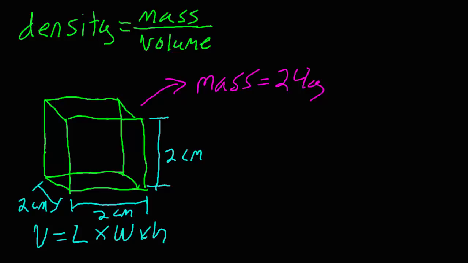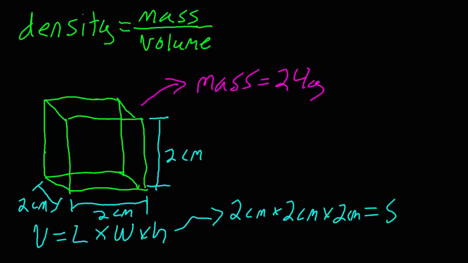So what does that mean? That means that my volume is going to be my length of 2 centimeters times my width of 2 centimeters times my height of 2 centimeters. Oops, I meant to put a C in there. So my volume here will be 8 centimeters cubed.